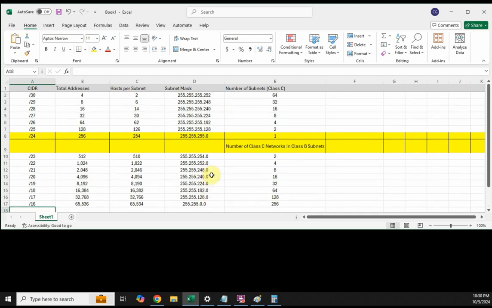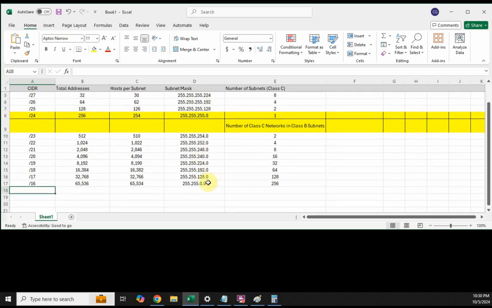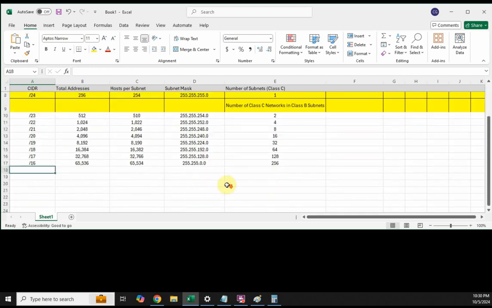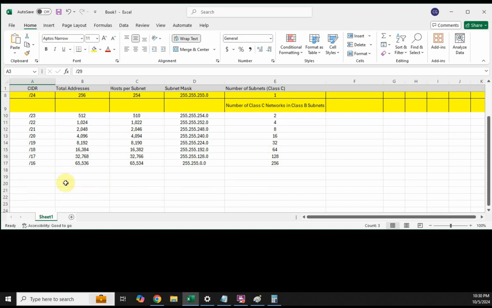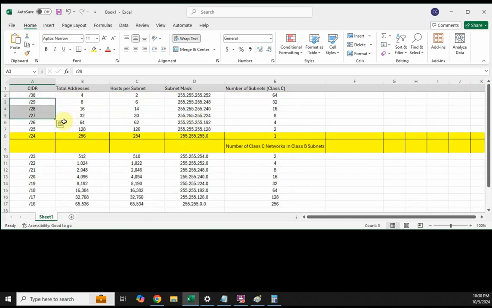But this is how I was able to get past my CCNA in no time flat. They stuck pretty much somewhere in here for the big questions and somewhere in here for the little ones. They weren't trying to take you down into the Class A's at all. They weren't trying to get much past /16. But if you can keep this information in your head, it's just that easy.